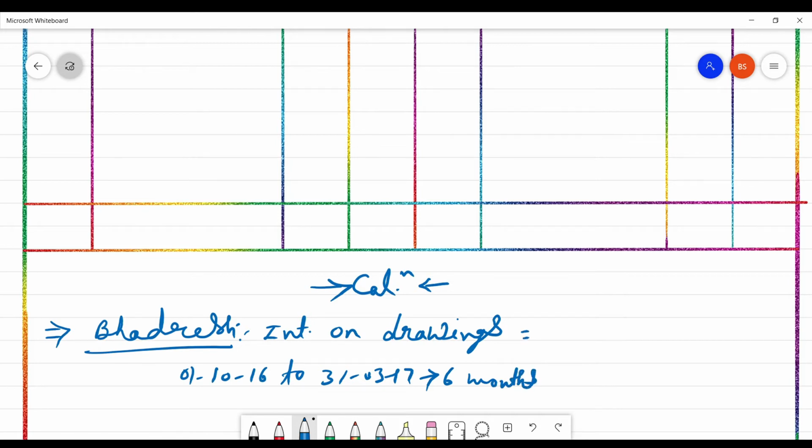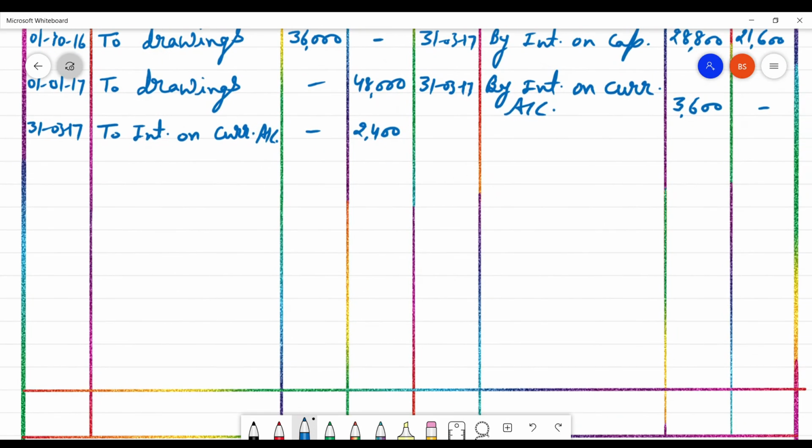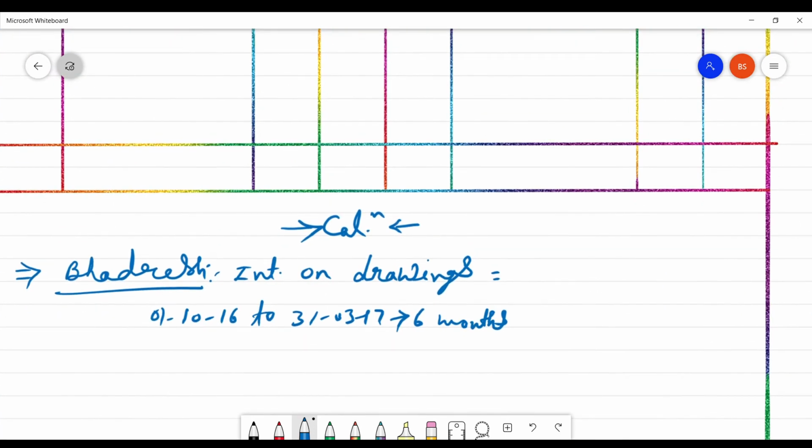The amount is 36,000. 36,000, 12% per annum, 6 months. It will be 36,000 into 12% into 6/12. It will be 2,160.